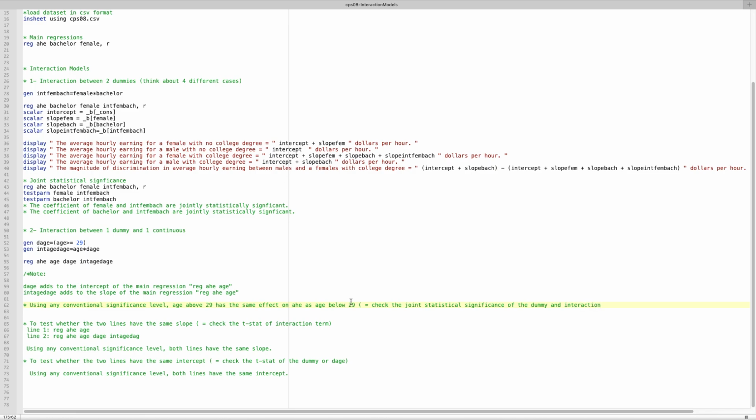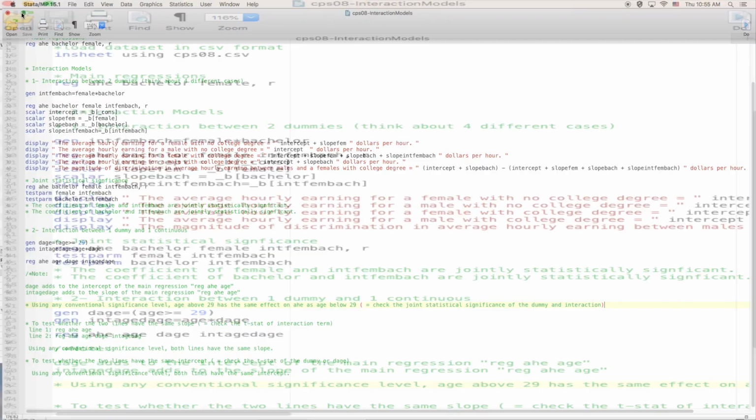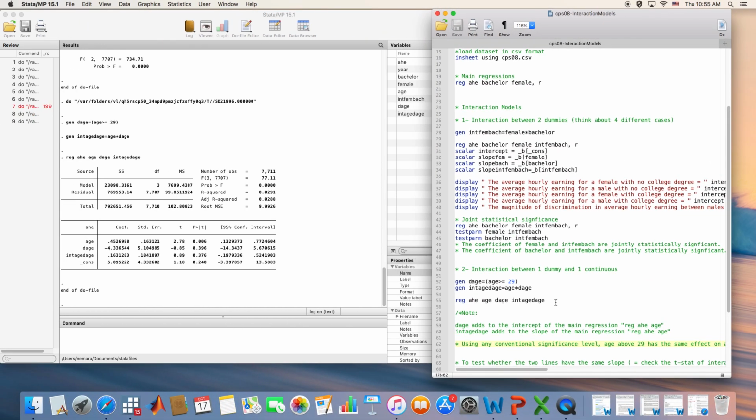So I just want to add this to here. So when you have this regression, like we have it here, we need to check the test.